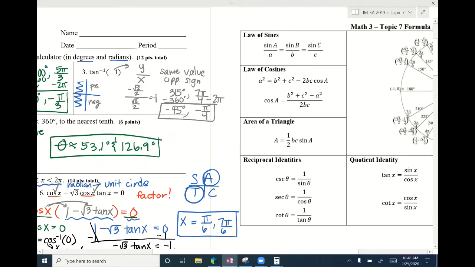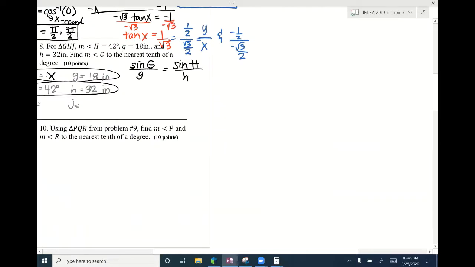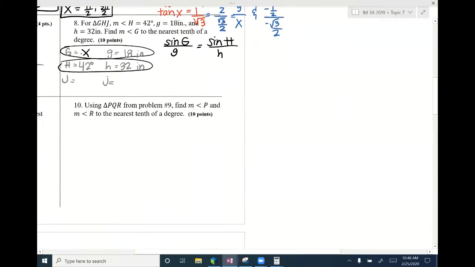So all I did was switch the A's to G's and the B's to H's. Remember, we're ignoring the J's because we didn't need that. So if I plug these values in, sine of, I'm just going to leave G as G because that's what we're looking for, over 18 equals sine of 42 over 32.